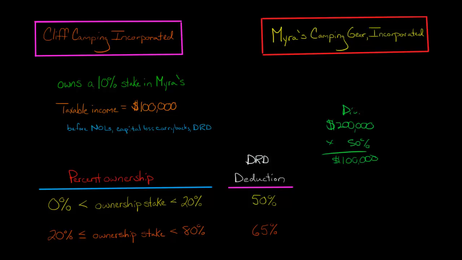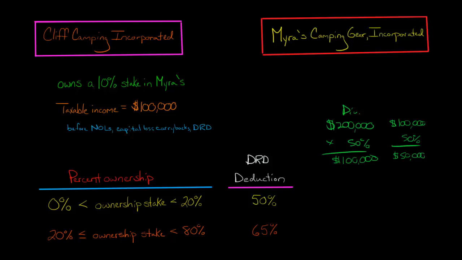We take the taxable income of the company receiving the dividends, before accounting for any net operating losses, capital loss carrybacks, or the dividend received deduction itself. That's $100,000, and we multiply that by the 50%. And if that amount, in this case $50,000, is less than the dividend received deduction, then this is going to be the dividend received deduction.